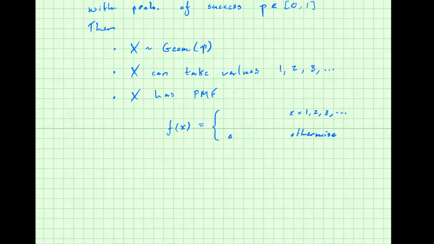So if you've done that, how many fails have you had to have, and how many successes have you had to have? Well, you've only had one success, so that's p. So one success times the fail probability, 1 minus p, to the power of however many fails you had. So that's x minus 1.